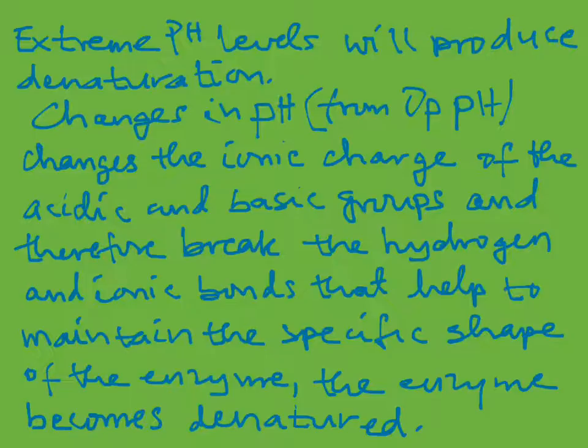This brings changes in the ionic charges of the acidic and basic groups, and this will lead to the breaking of the ionic bonds that help to maintain the specific shape of the enzyme. And when these bonds are destroyed, the active site loses its shape, and this brings about the denaturation of the enzyme.